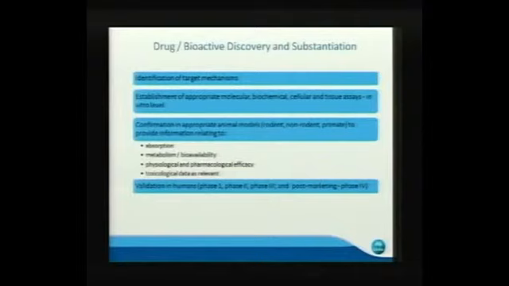So how do we establish bioactivity of some unknown compound? Firstly, one has to identify the target mechanisms, with the understanding that we are not dealing with drugs here. These are natural compounds, so your pharmacological efficacy is not going to be the same. A very good example is the cholesterol lowering action of HMG-CoA reductase inhibition. It's very difficult to shift HMG-CoA reductase with a natural compound. There is no good evidence.